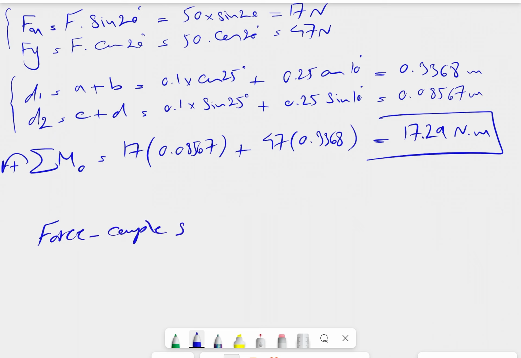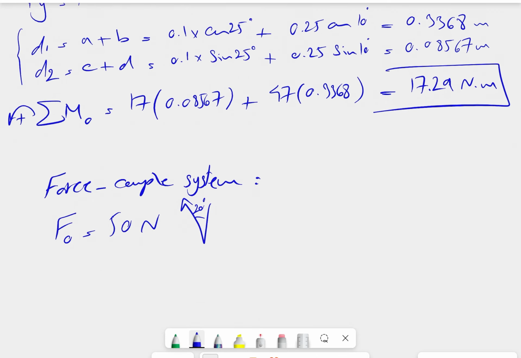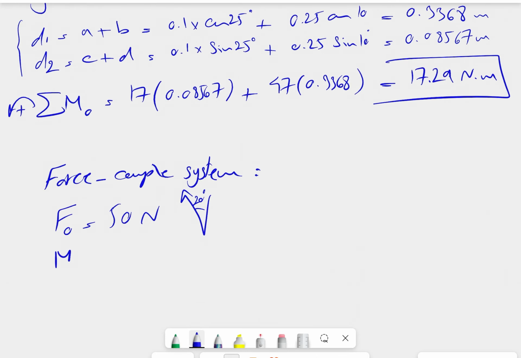The only force we have is the force F, which we know is 50 Newton, and the angle would be 20 degrees. And our moment will be what we found in here, 17.29 Newton meter. And since it's positive, that shows it's counterclockwise.